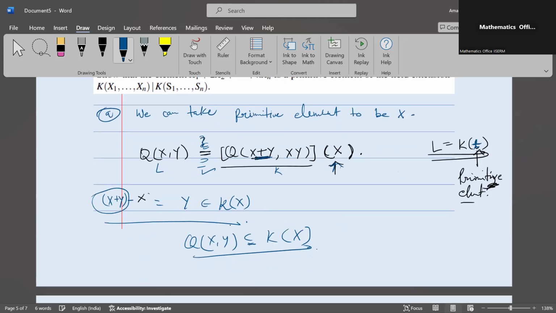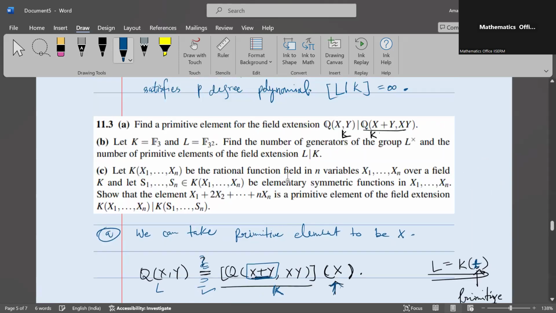Because that lies inside K. This is an element in K, and elements of the base field I am just calling constant. So this is already lying in K, and x we are attaching here. So x plus y minus x just becomes y, and y belongs to K(x). So simple like that. Okay, so let's see part B.